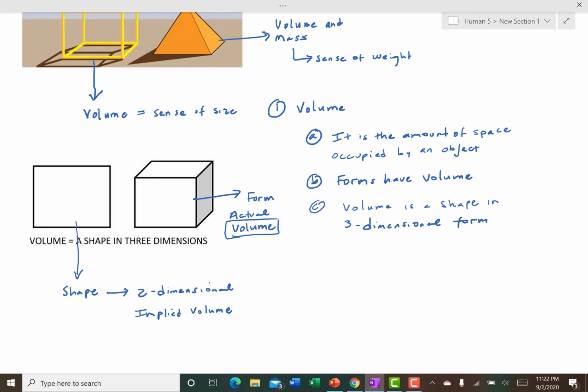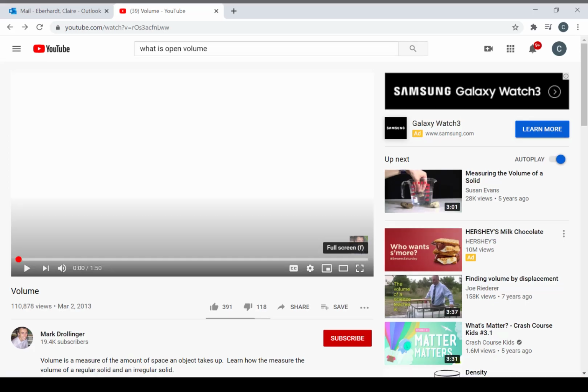Because if you tend to look at it in just the geometric shapes, it's like, oh, well, it's just the space that you fill up, and however much it fills up, that's the volume, and it is, but it doesn't have to be just geometric shapes, right? Everything that is a form has volume. That is an actual form, that's three-dimensional versus two-dimensional, which has the implied volume. So let's take a look at this. It's, like I said, just a minute 50, and then we will talk about it.